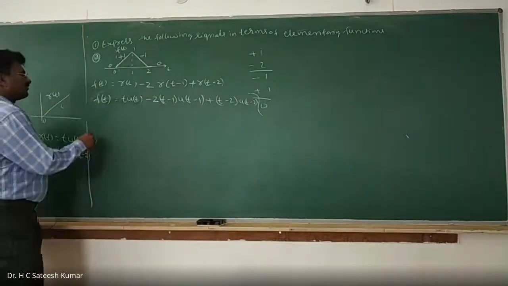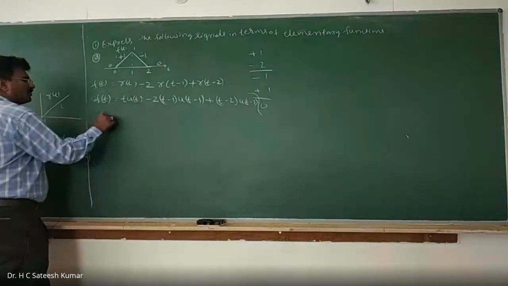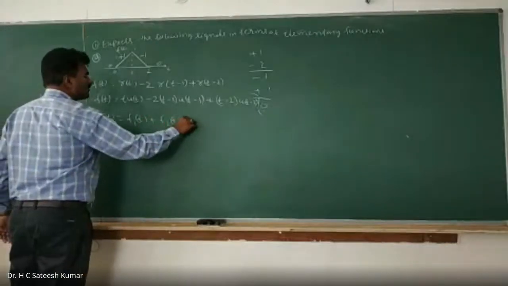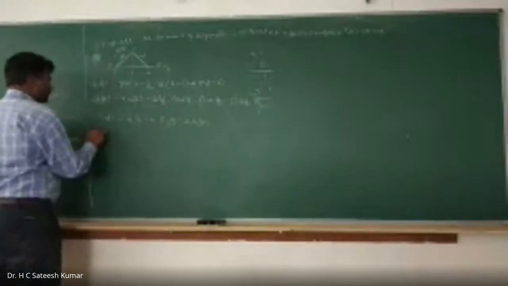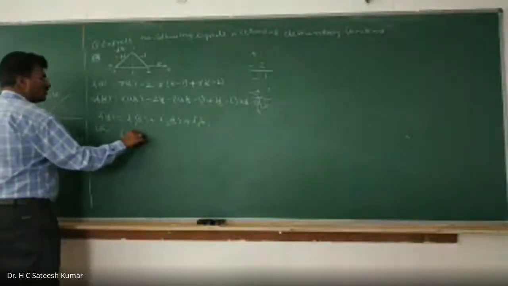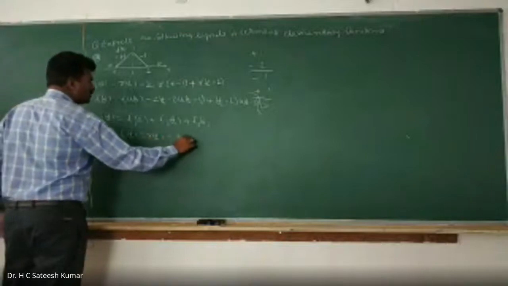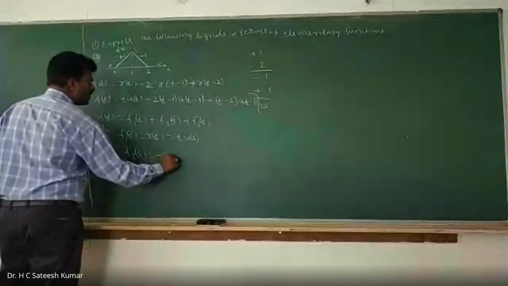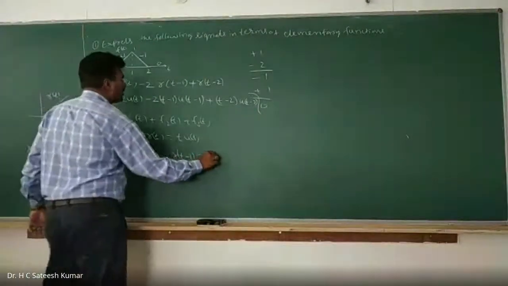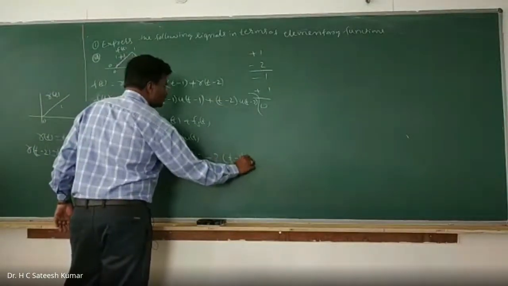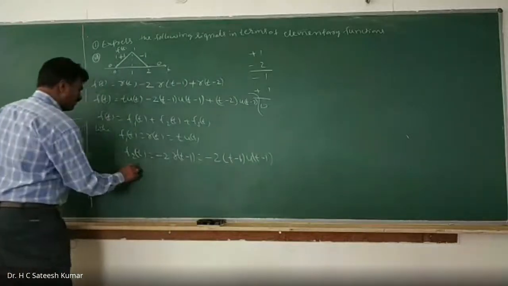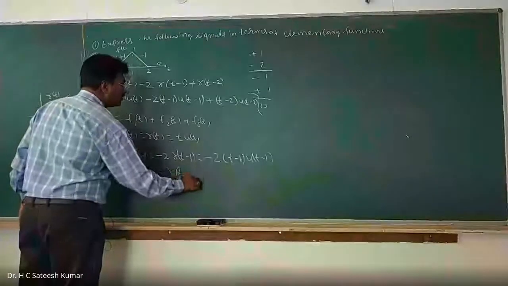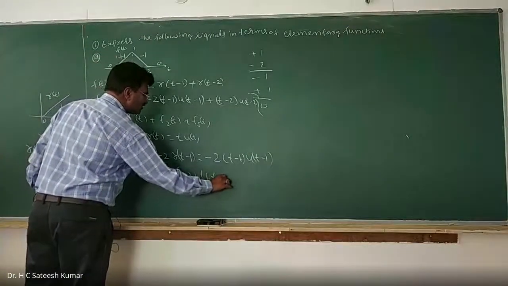So in the examination, let f of t be equal to f1 of t plus f2 of t plus f3 of t, where f1 of t is equal to r of t, which is t into u of t. f2 of t is equal to -2 into r of t minus 1, which is -2 into t minus 1 into u of t minus 1. f3 of t is equal to r of t minus 2 into u of t minus 2.